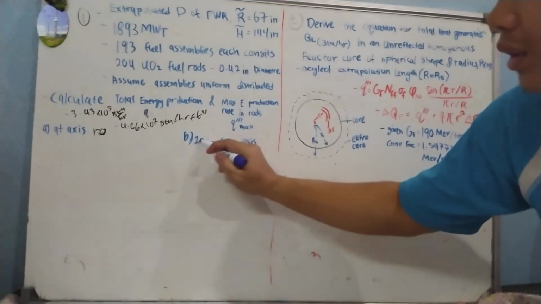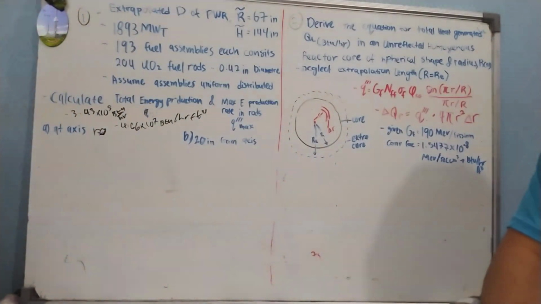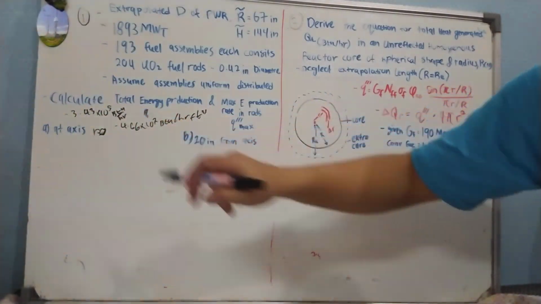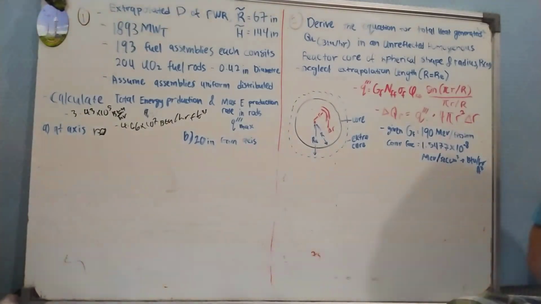So the B part is 20 inch away from the axis. To obtain a similar result for a rod located at R, 20 inch away, we need to multiply the previous answer by the factor appearing in this equation.